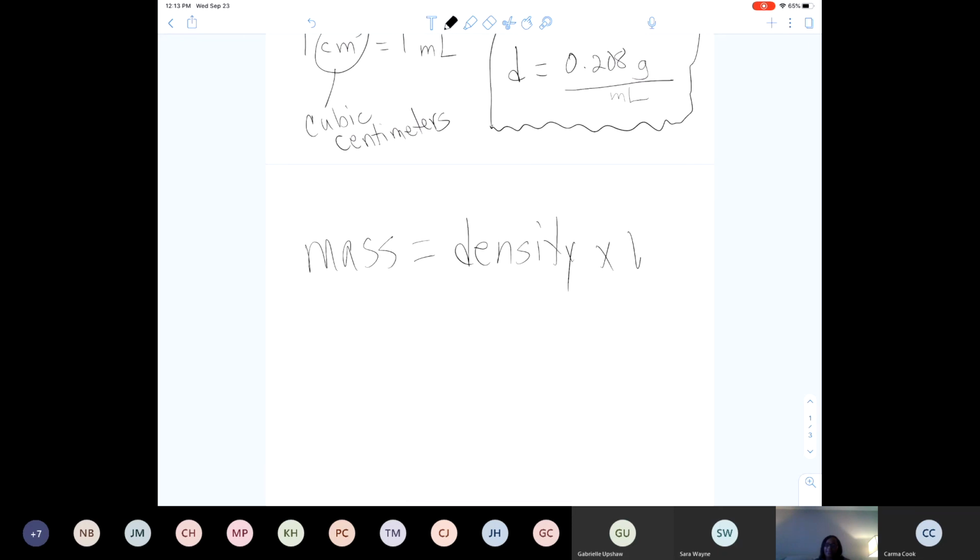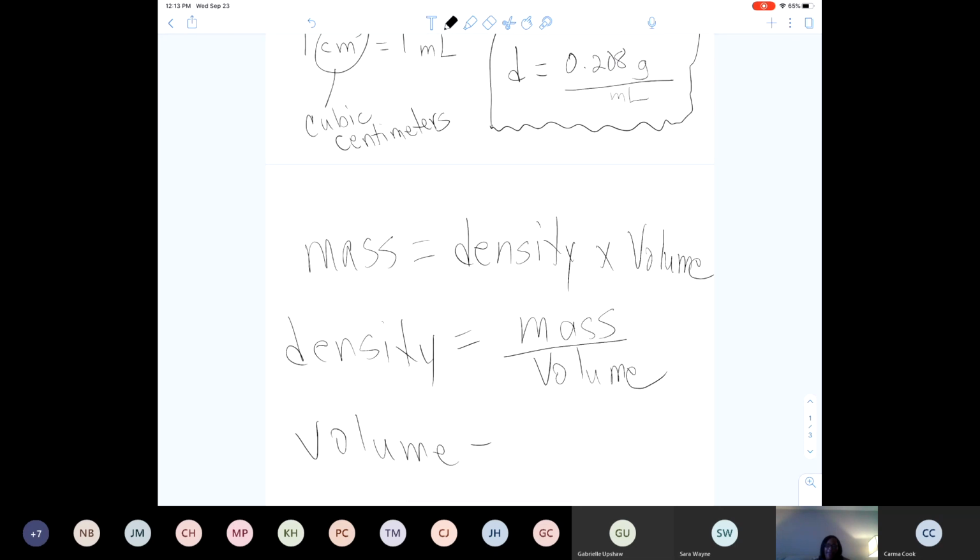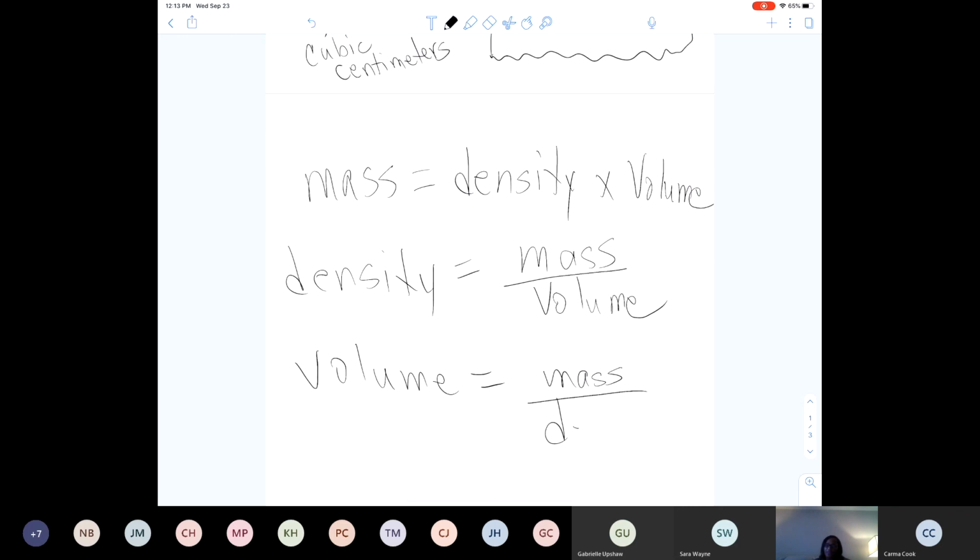So mass is density times volume. Density is mass divided by volume. And volume is mass divided by the density. Given any two of these three quantities, you should be able to calculate the third.